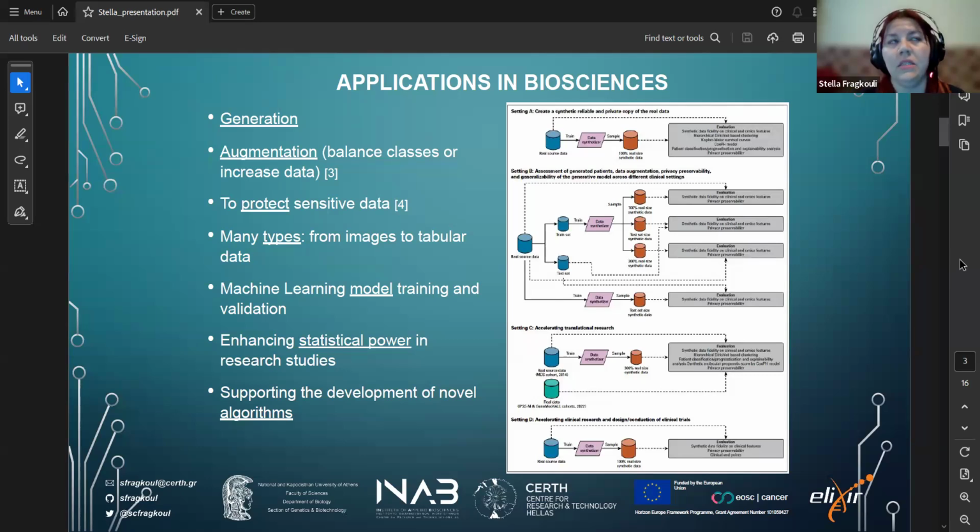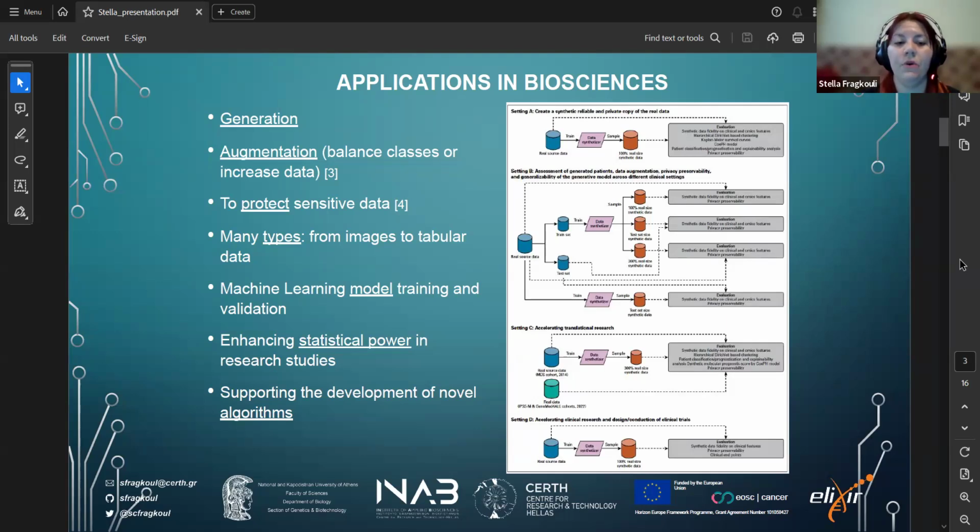We can enhance the number of patients or balance classes, because in many cases there are cases from a specific ailment, but we do not have control cases. So we try to somehow generate those to balance it. And then, of course, we can use synthetic data to protect sensitive data.